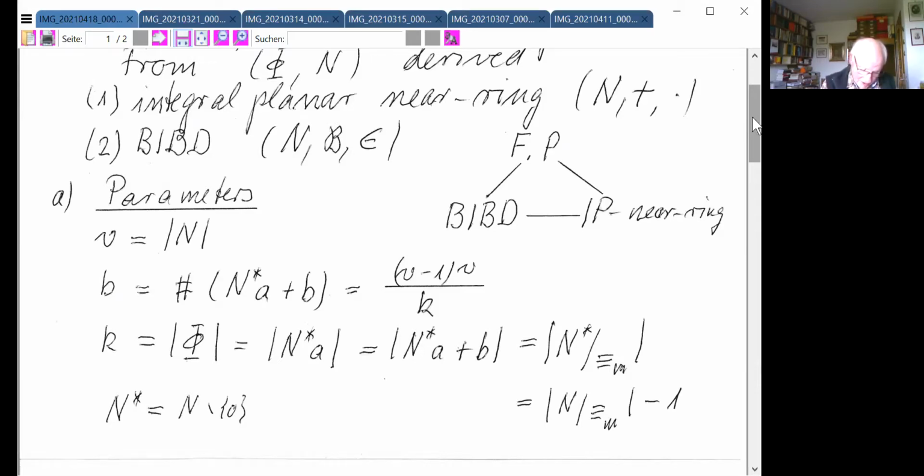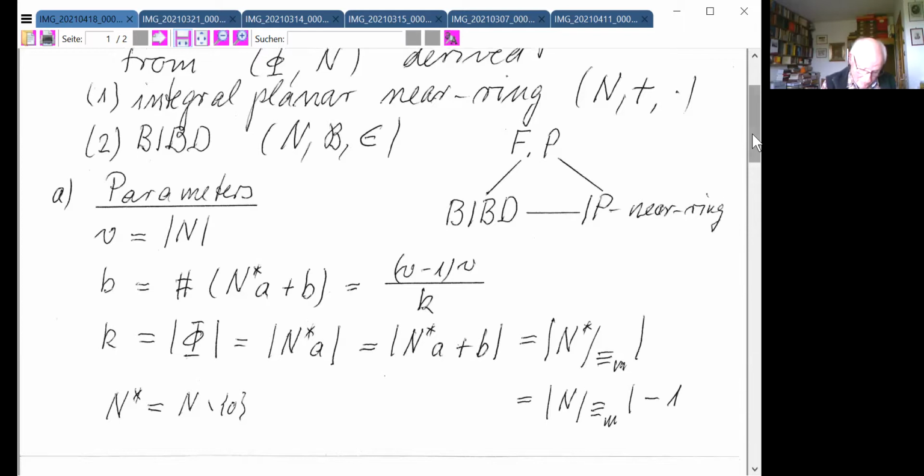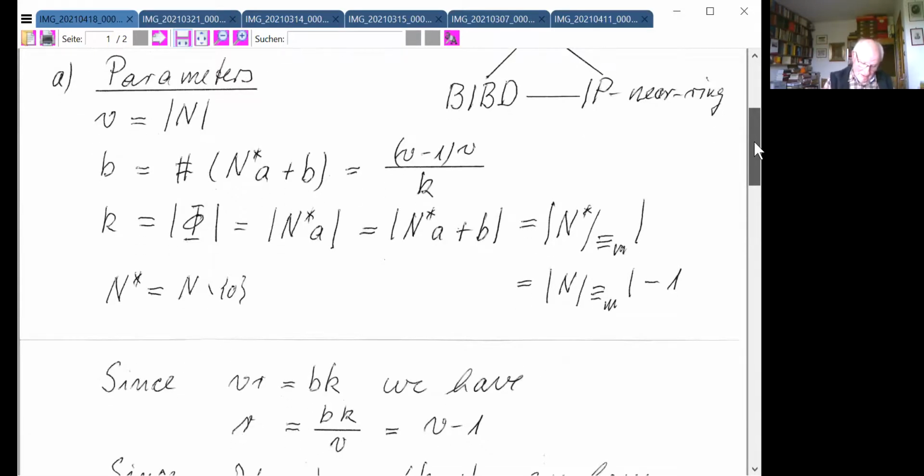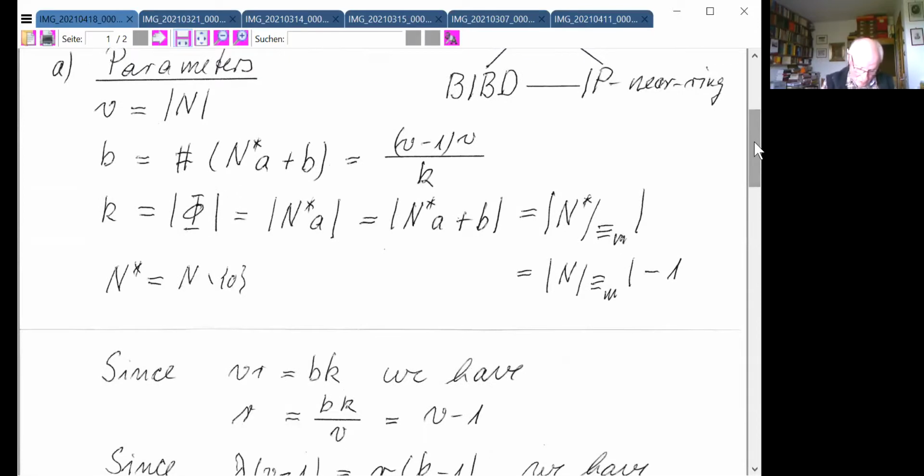If the equivalence classes are on n star, and if we take n, we have one more equivalence class, this trivial equivalence class. We have then this minus 1, and n star is n minus 0 in this case.